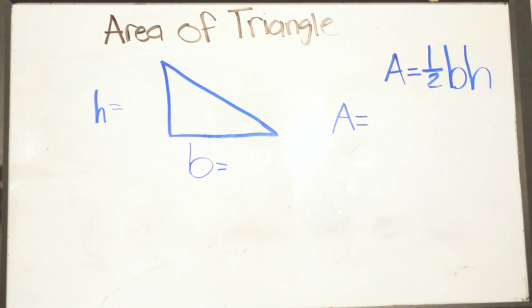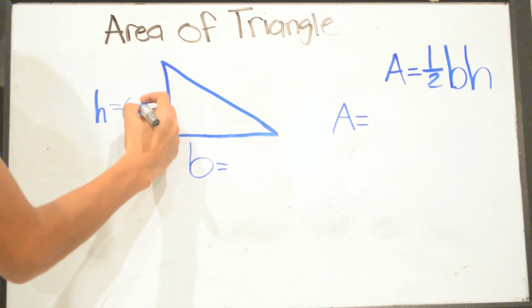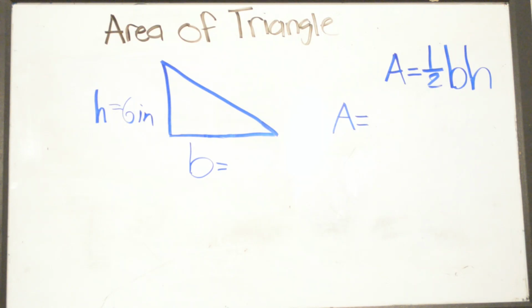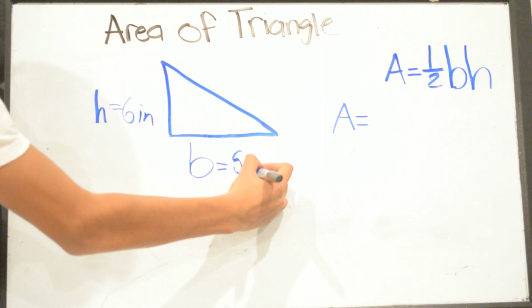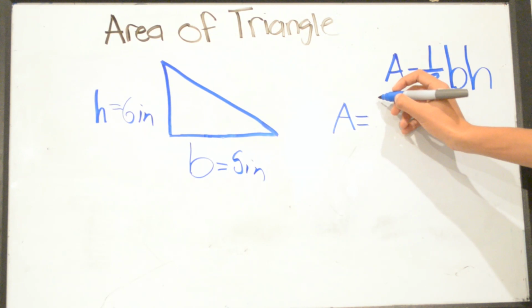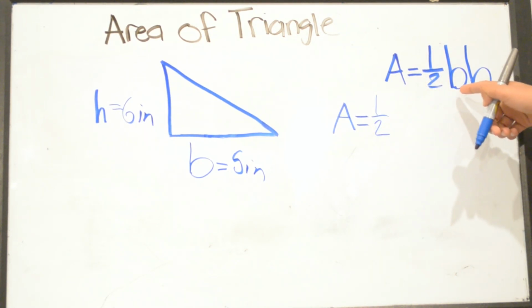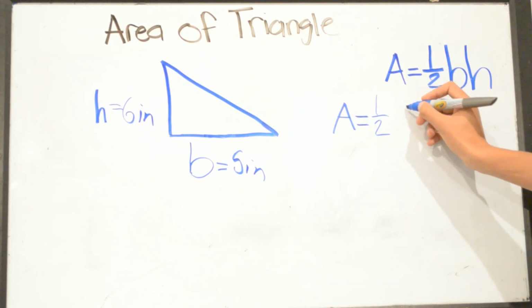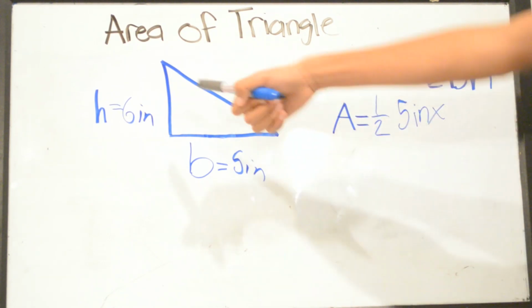Another example for area of a triangle, we have 6 inches as our height and 5 inches as our base. So here we write down 1/2. Our base is 5 inches times our height, which is 6 inches.